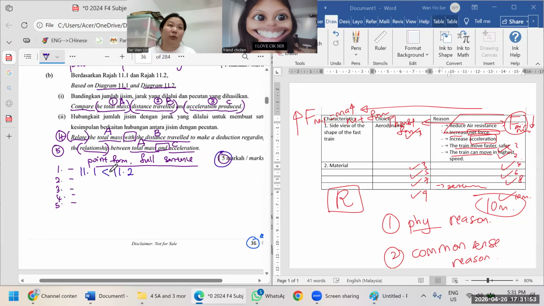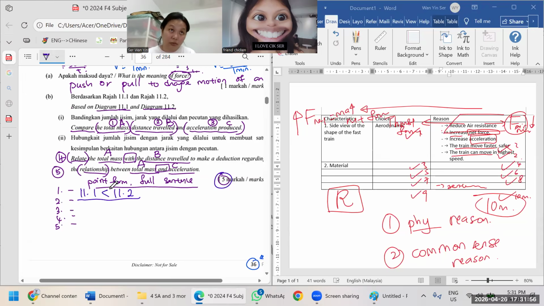I want point form, but full sentence. If you do this, sorry, directly wrong, because this sentence tells 3 comparisons. You must tell the total. That's why I don't encourage you all to use the short form. Please do this: the total mass in diagram 11.1 is less than in diagram 11.2. Must be a full sentence for essay. Okay, so please learn the proper method first. Learn the full sentence first.